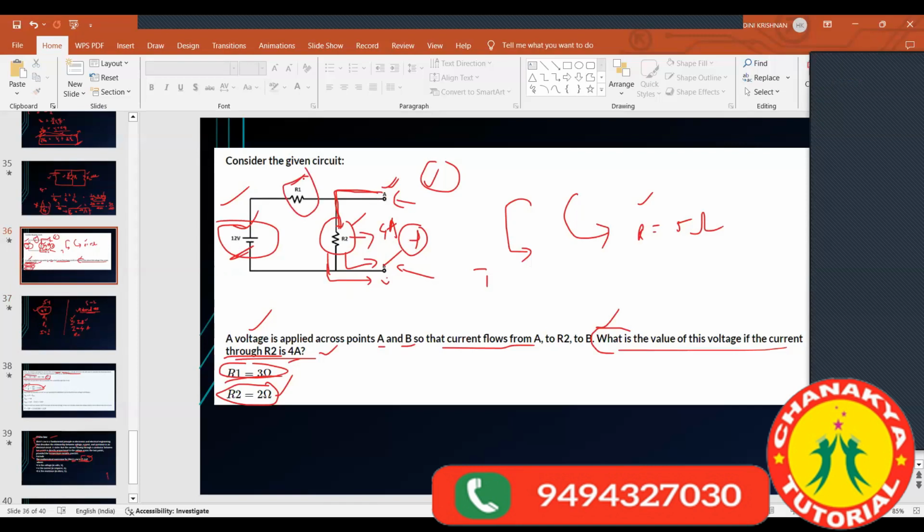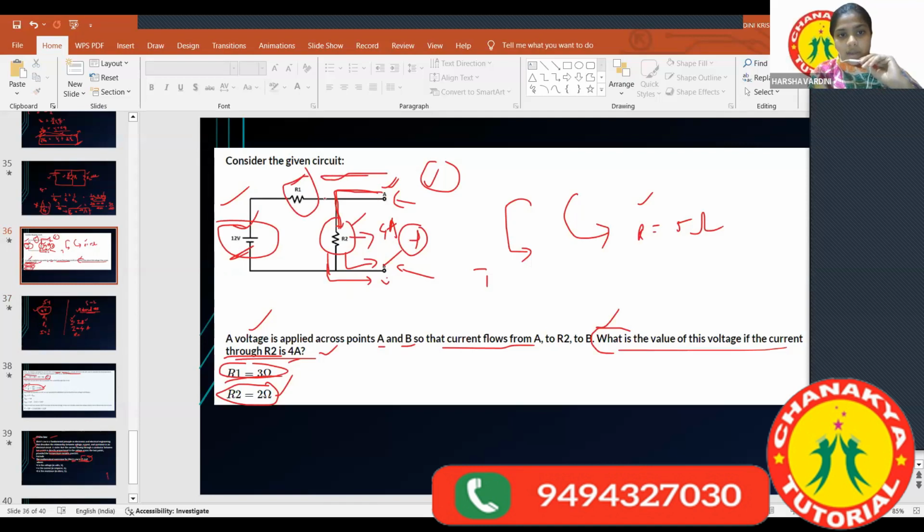No, we should not take it into consideration, because we are only considering this part of the circuit. They have clearly mentioned the voltage is applied through A, current starts flowing from A, and current reaches R2. They have never mentioned it is going to R1 also. So we cannot question, ma'am, how is that possible? If you are applying voltage to A, it will go to R1 by default.